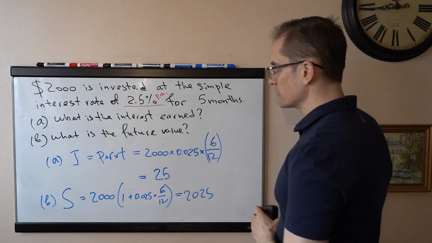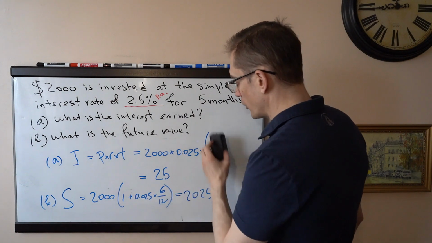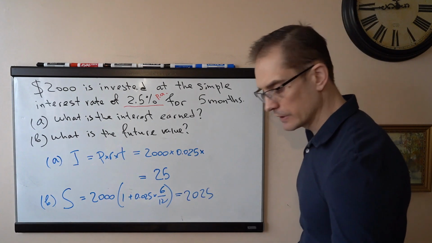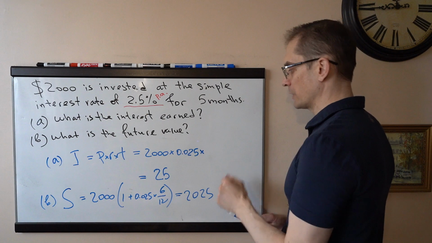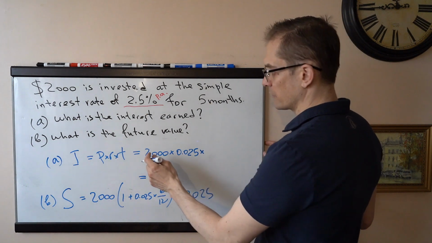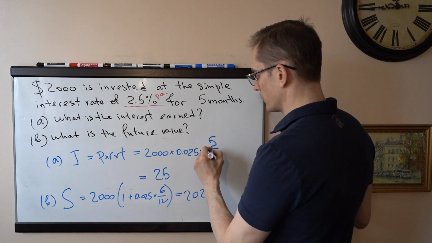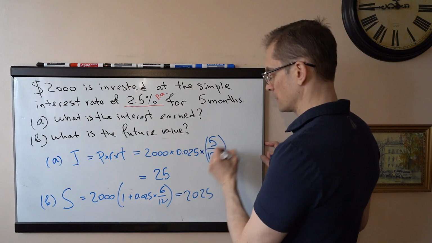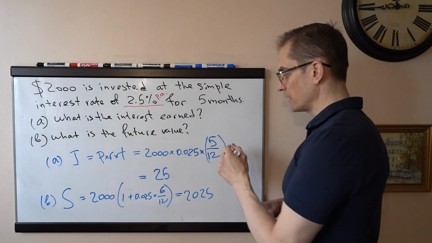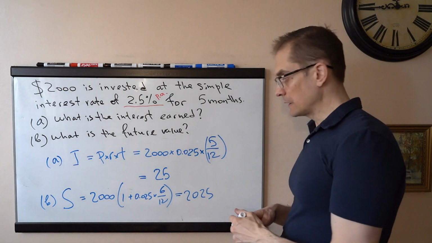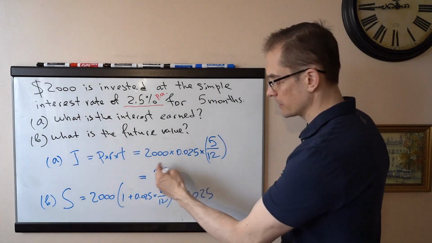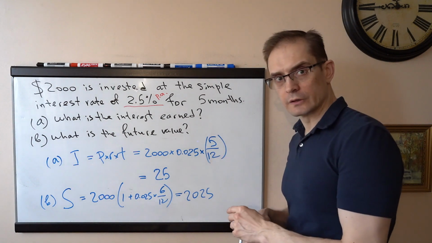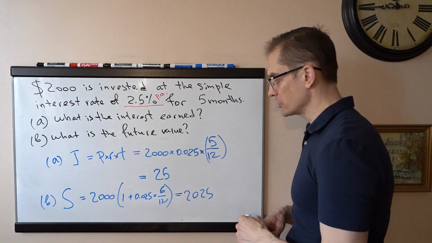How will we modify this solution? Well, the only thing that changes right now is time, right? So now it's 5 months, and 5 months means 5 over 12 years. Now you can compute that. It will be different interest, but you got the point.